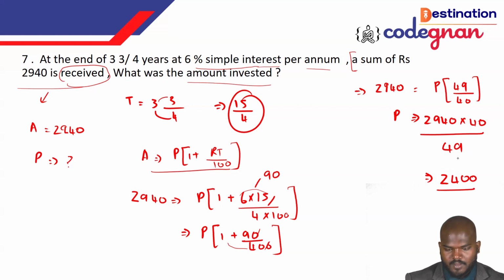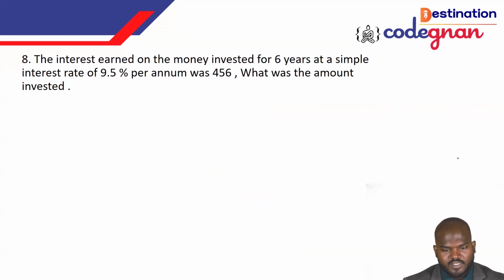Okay. So going for the next question, that is the interest earned on the money invested for 6 years at a simple interest rate 9.5% per annum was 456. What was the amount invested? Okay, so that is simple interest. I can take it up. They are saying that it's 456, and the rate they are giving here is 9.5%.